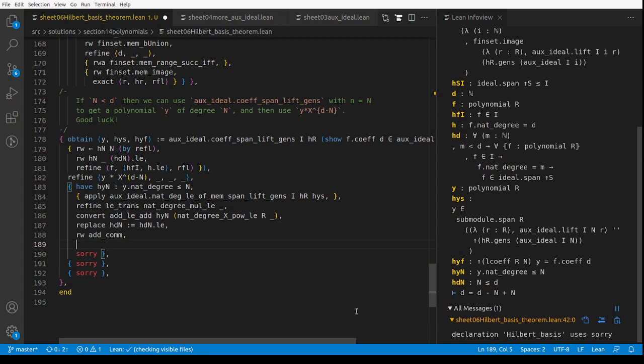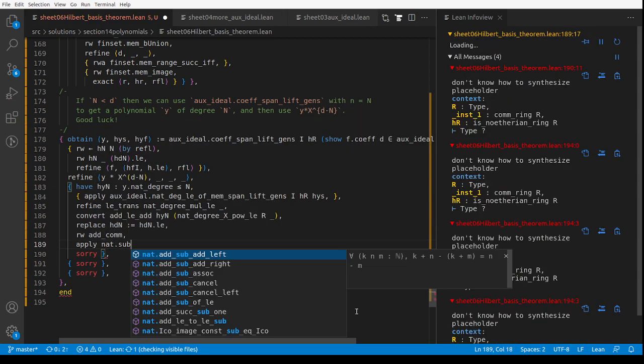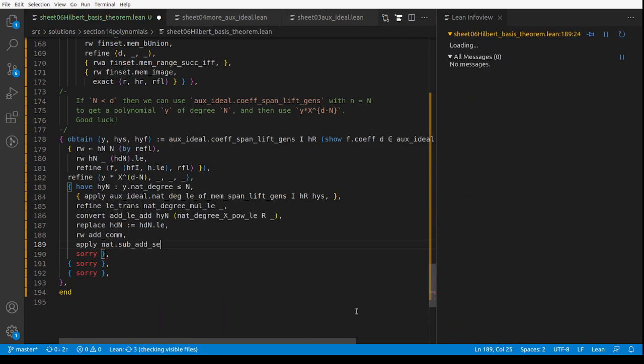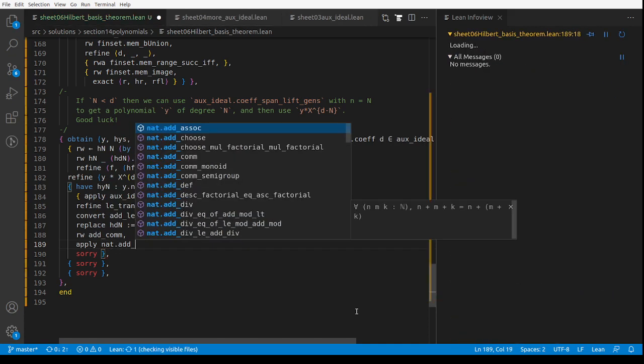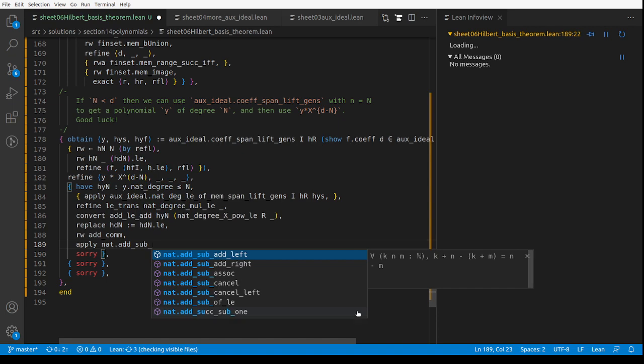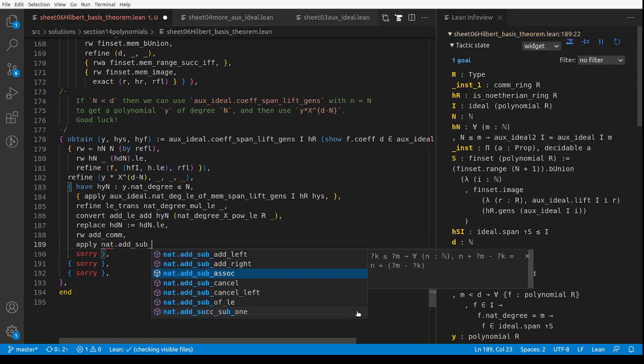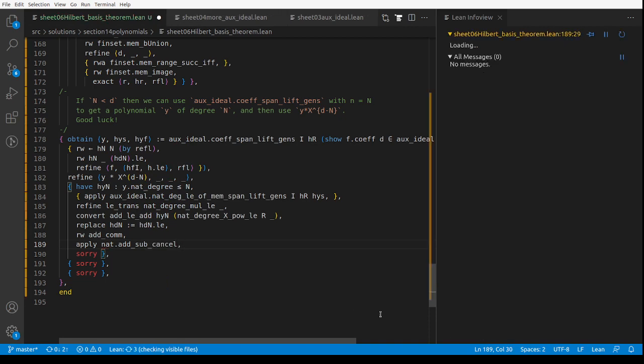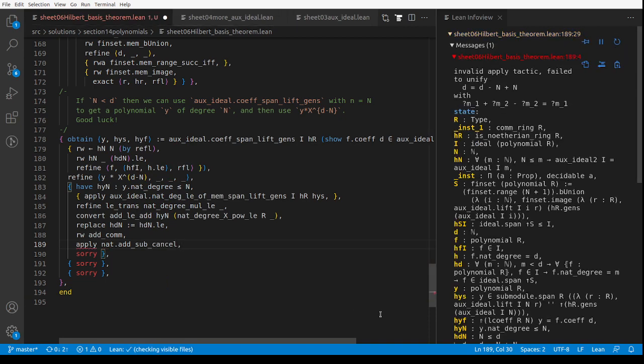So this will be called apply nat.sub add self. No. Add sub cancel. Add sub a sock, add sub bingo. That looks right. It's add sub cancel.